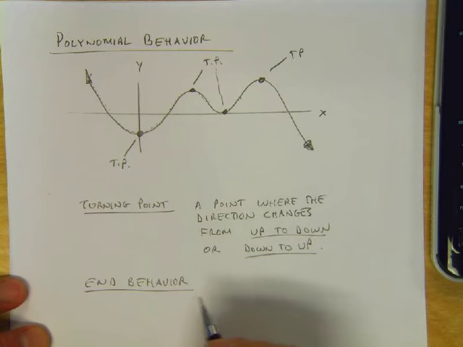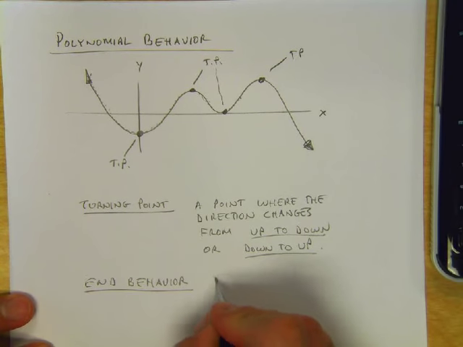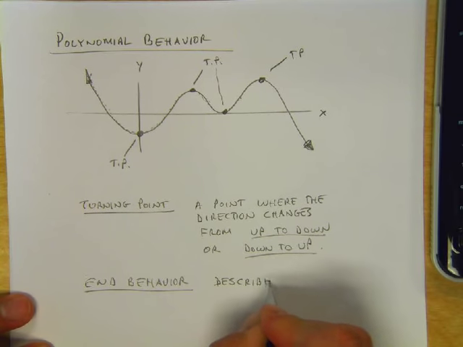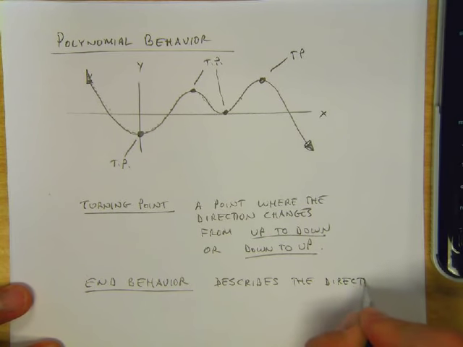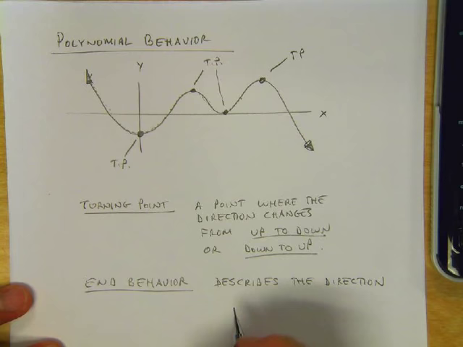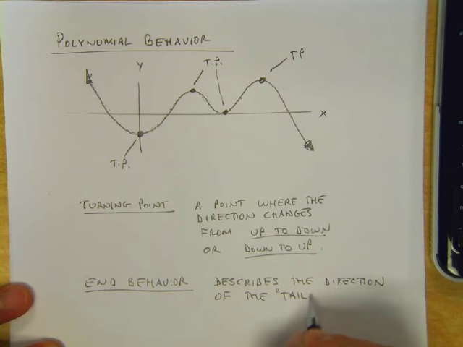And end behavior describes the direction of the tails, which are the far ends of the polynomial.